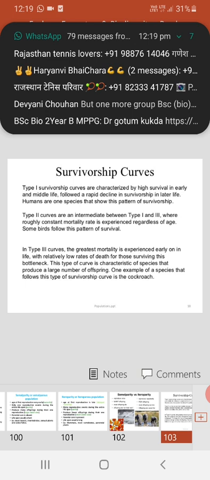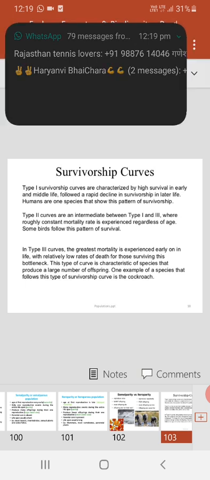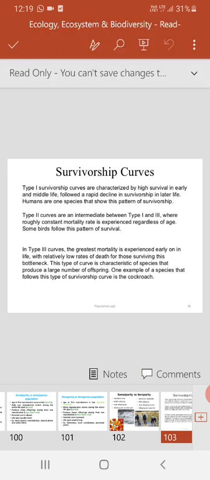Type 1 survivorship curves are characterized by high survival in the early and middle life, followed by a rapid decline in survivorship in later life. Humans are one species that show this pattern of survivorship. It means in type 1 survivorship curve, the mortality rate is very low during the pre-reproductive and reproductive age groups.